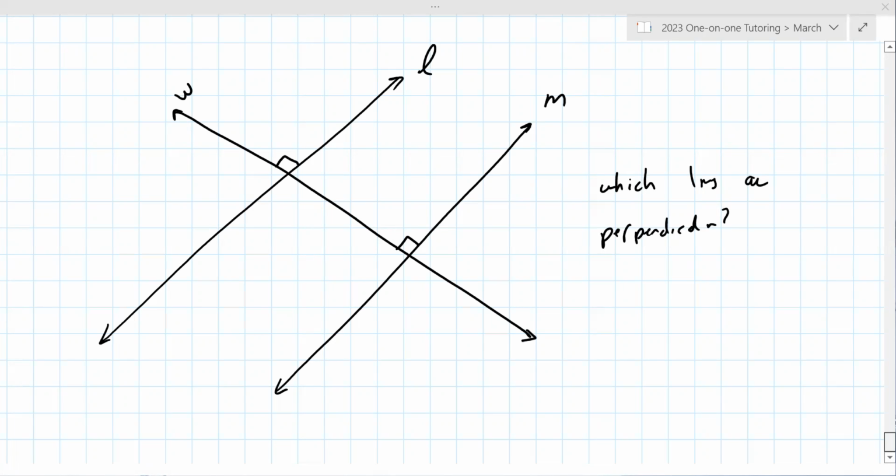The lines are labeled by letters, so I want you to say like L is perpendicular to M, or W. So W is perpendicular to which line? W and L are perpendicular.